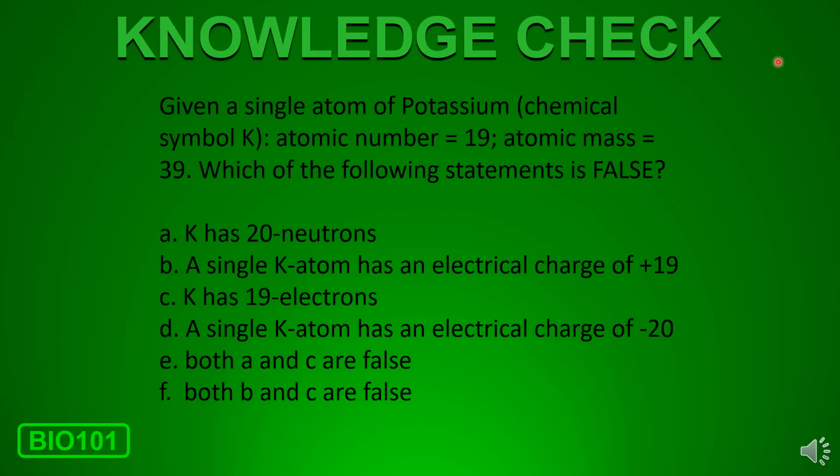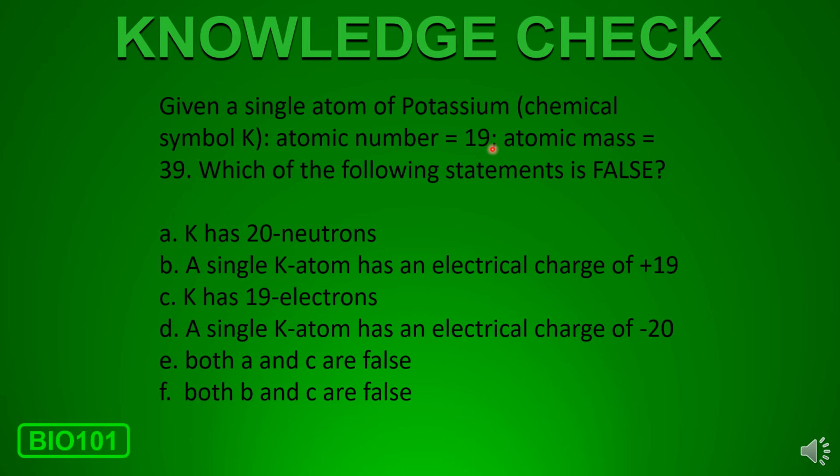All right, quick knowledge check to wrap this part of chapter 2 up. So given a single atom of potassium, the chemical symbol for potassium is K. Potassium has an atomic number of 19.